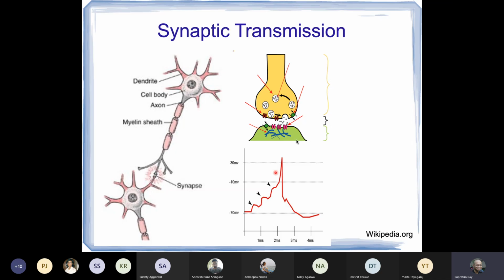This is the intracellular potential of the postsynaptic neuron. And if enough packets arrive, so enough action potentials and enough of these vesicles are released, then it's going to fire an action potential. This is the postsynaptic neuron firing an action potential.